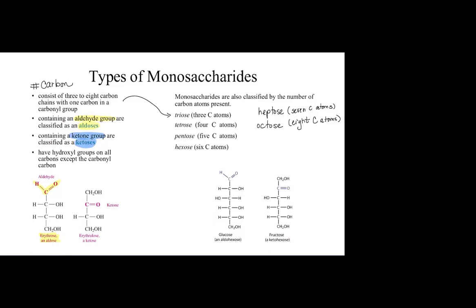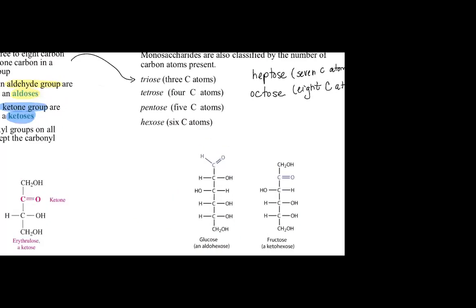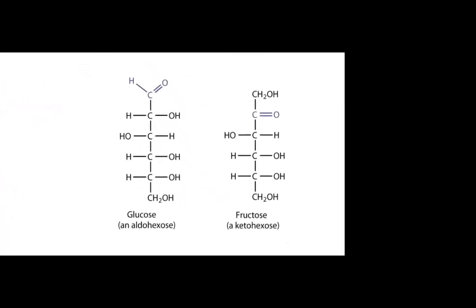Now, understand that we can incorporate these two terminologies into one word. When we look at the examples here, we have glucose and fructose, which are 2 monosaccharides. Since glucose has an aldehyde, it is an aldose sugar.